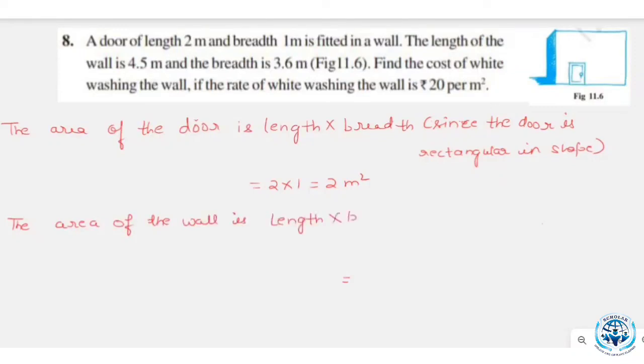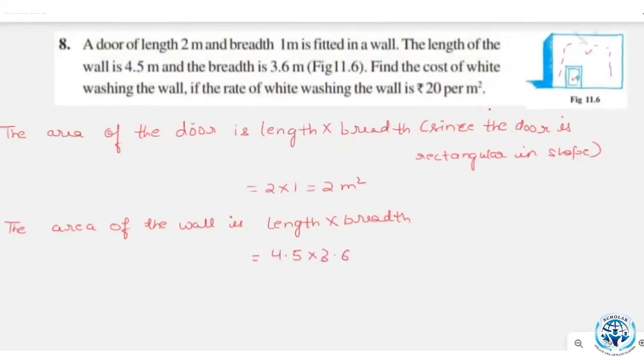First of all, let's find out the area of the whole wall, which is given by length into breadth, as the wall is rectangular in shape. It is equal to 4.5 into 3.6, that is 16.2 meters square. But it is the area of the total wall. Now we have to find out the area to be whitewashed.